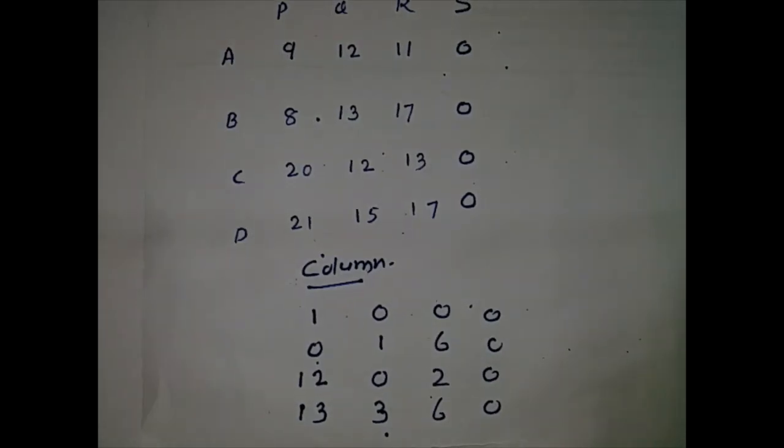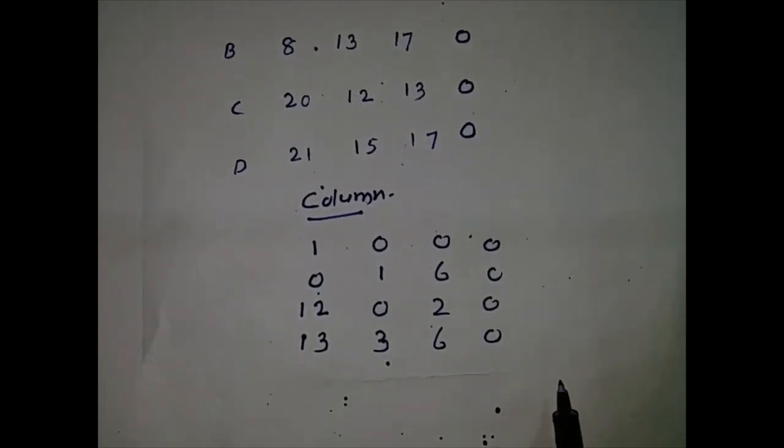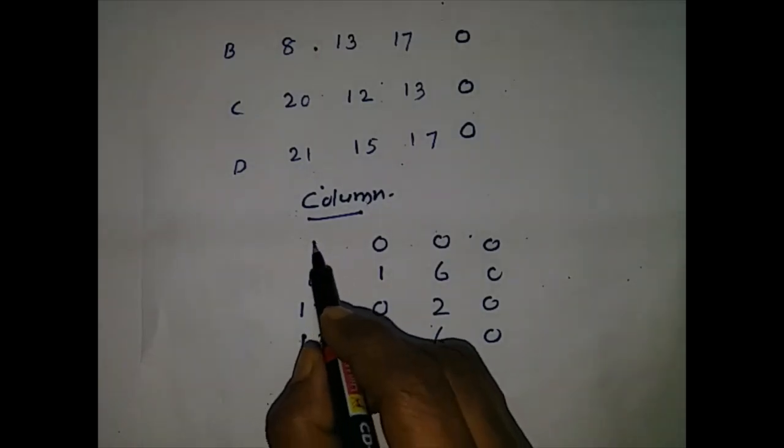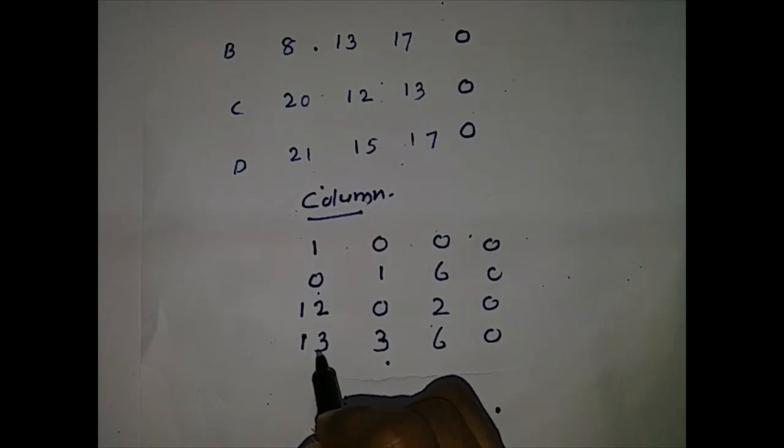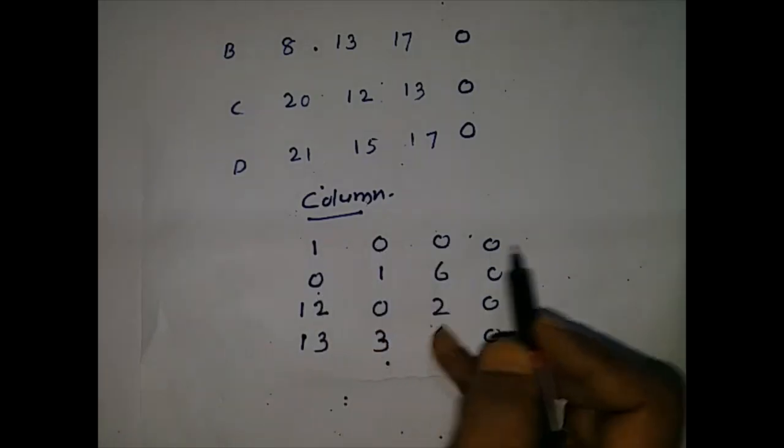Draw the minimum number of lines to cover all the zeros. So let us cover all the zeros by drawing lines, a number of lines which is less than 4. Why 4? 4 is the number of rows. 1, 2, 3, 4. 4 rows are there or 4 columns are there.